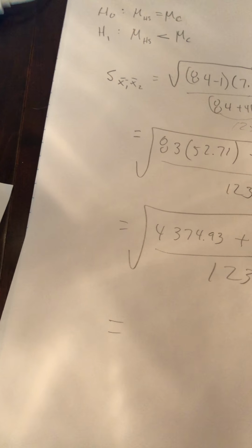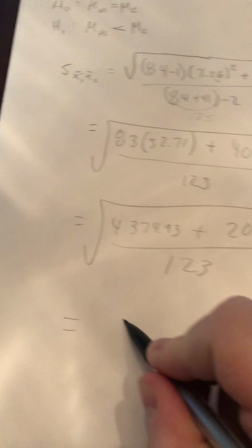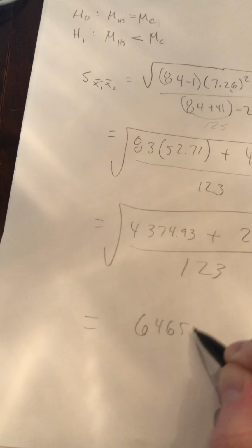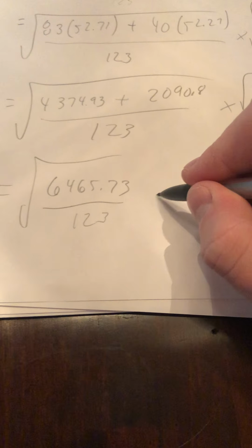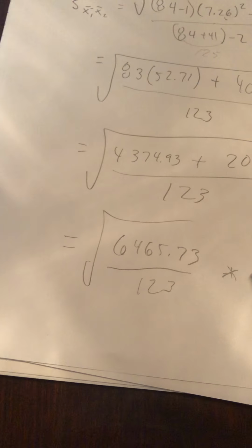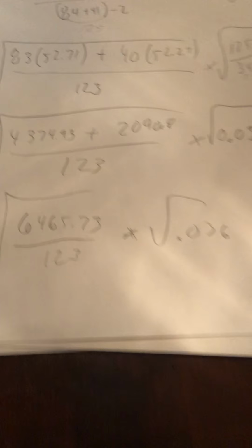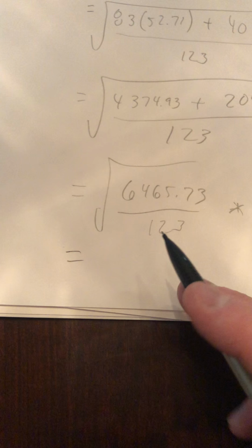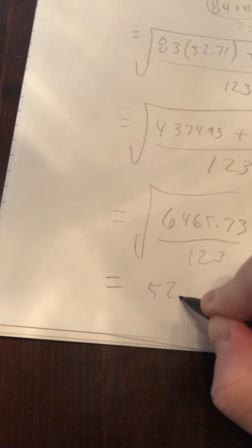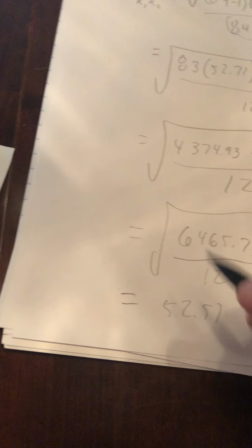4,374.93 plus 2,090.8 is going to give you 6,465.73, divided by 123, square root of that, times square root of 0.036. 6,465.73 divided by 123 is going to give you 52.57.